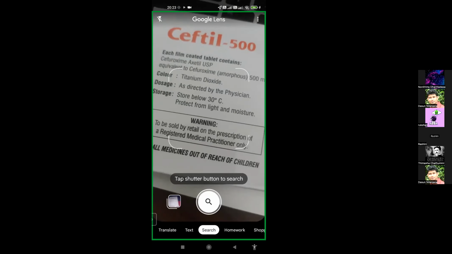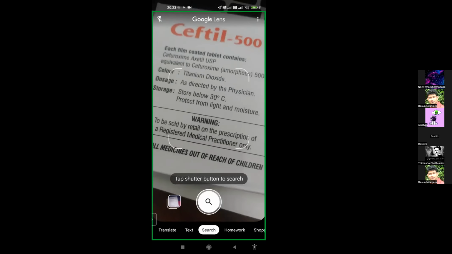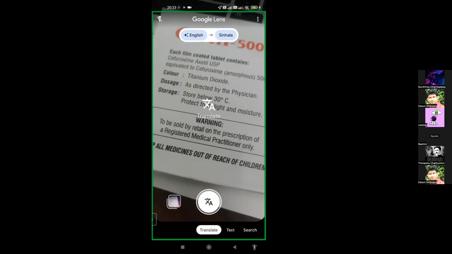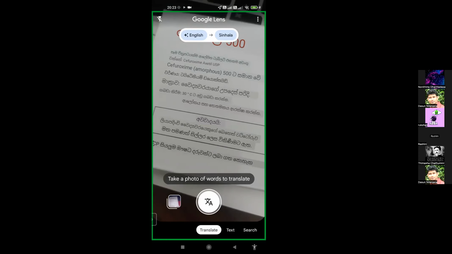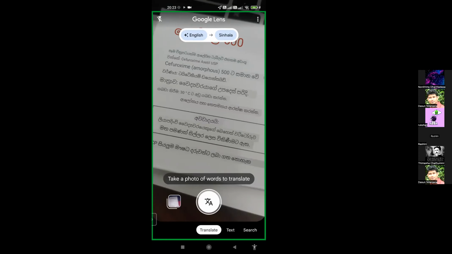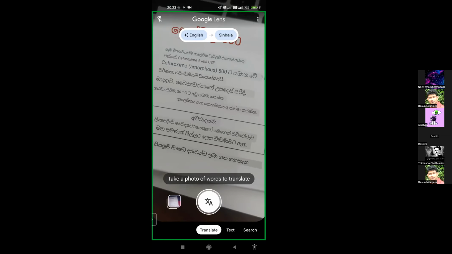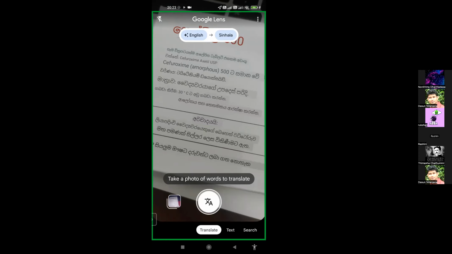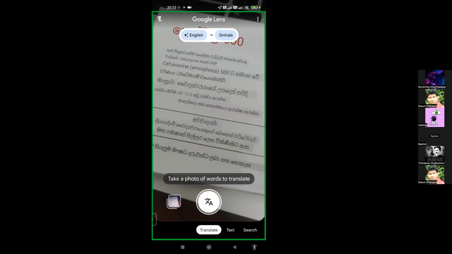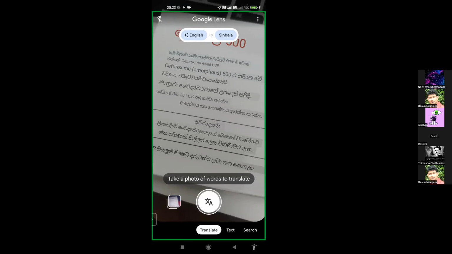Now I go to translate. Have you used Google Lens or not? Yes.